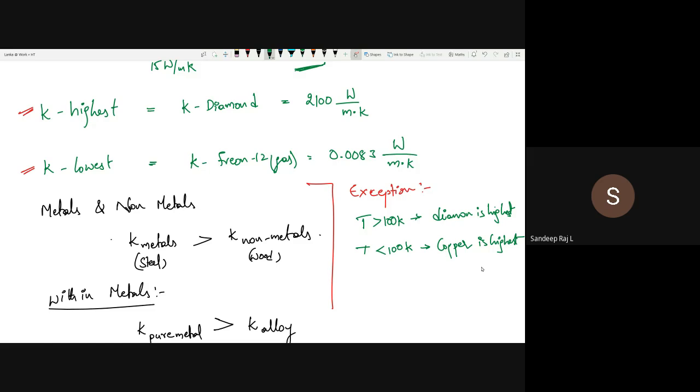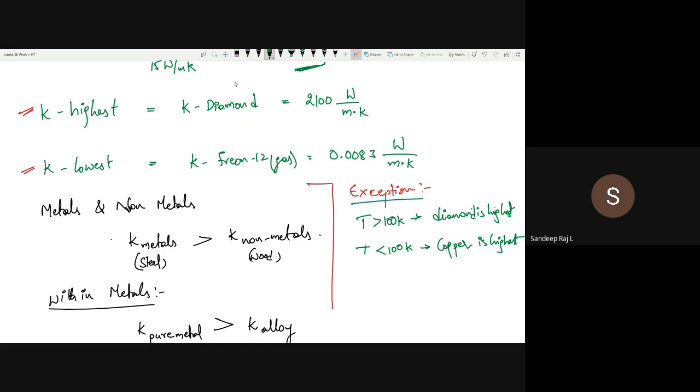So in general at room temperature diamond is highest, but if you have very low temperature, less than 100 Kelvin, which means minus 173 degrees centigrade, at that temperature diamond will not have thermal conductivity as much as copper. It will have very little. Copper will have around 400 watt per meter Kelvin. At lower temperatures, the thermal conductivity of the diamond is even lesser than the copper. That's why you should keep this exception in mind.